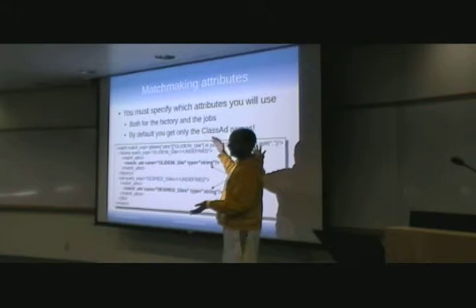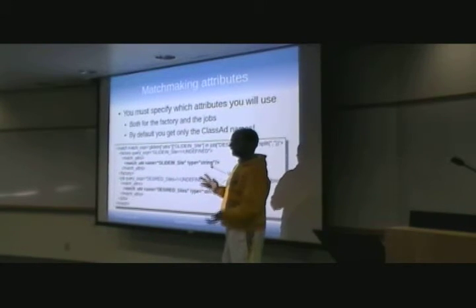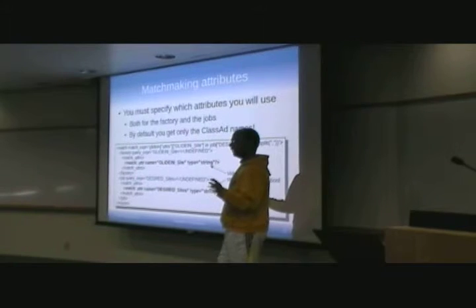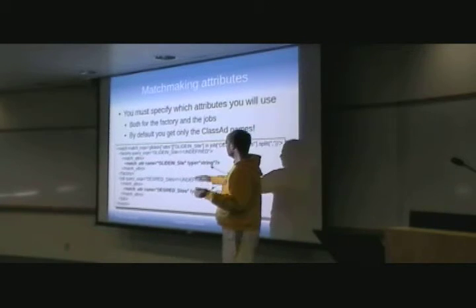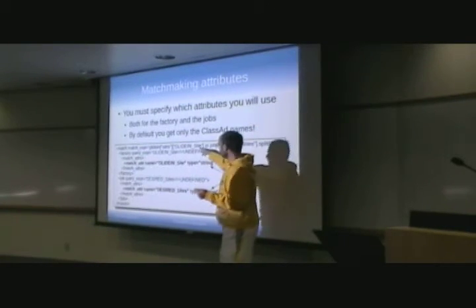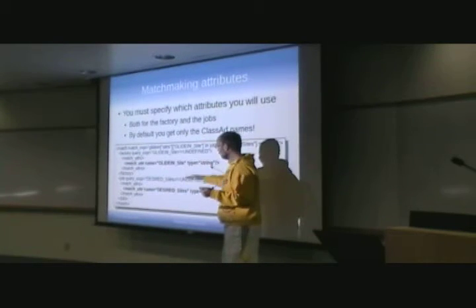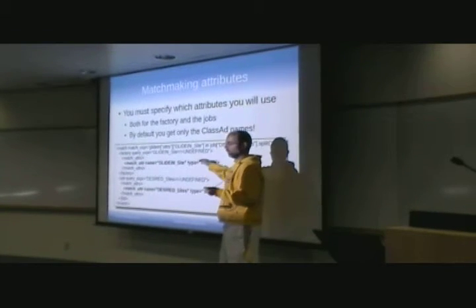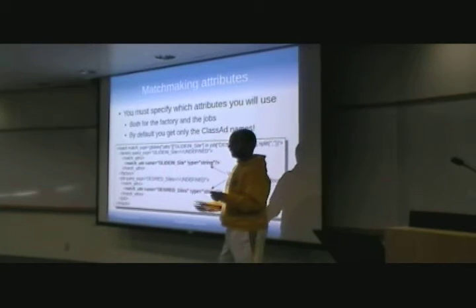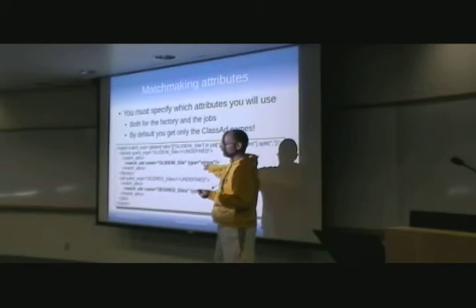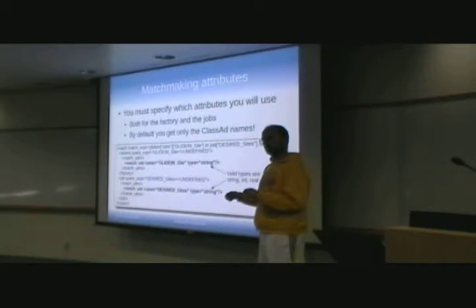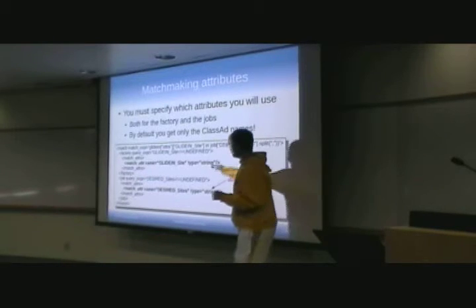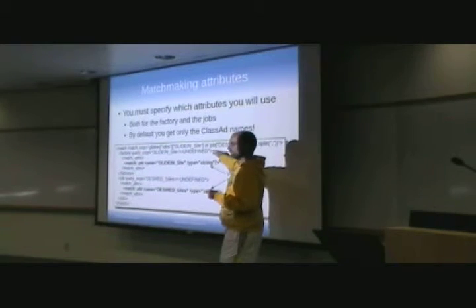Usually the class ads are huge, both the job and the factory ones. If we were to fetch all the attributes, it would use lots of memory and it would be painfully slow. So we ask the admins to actually tell us which attributes you actually plan to use and essentially whitelist them. These are the only attributes that will be put with condor_q and condor_status using the -format command from condor. So nothing that is not listed here can be used here because it will not be available.